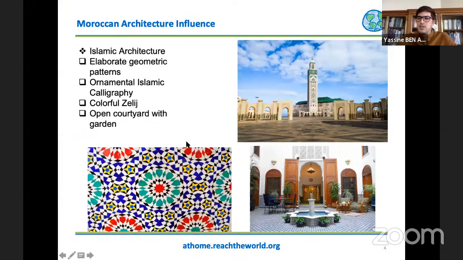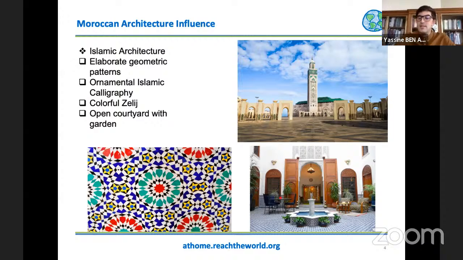Islamic architecture elaborates geometric patterns, ornamental Islamic calligraphy, and colorful zilij, as you can see here, and an open courtyard with gardens. If you go to every mosque in Morocco, you will find this kind of thing. The mosque you can see here is Hassan II Mosque in Casablanca, the largest city in Morocco.